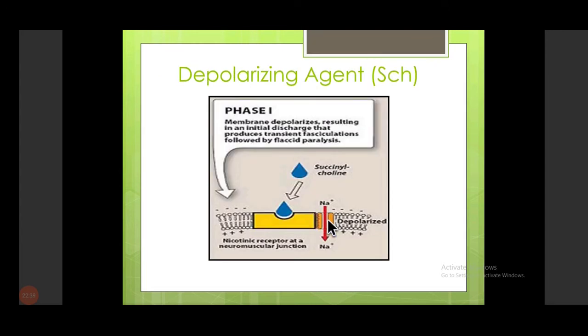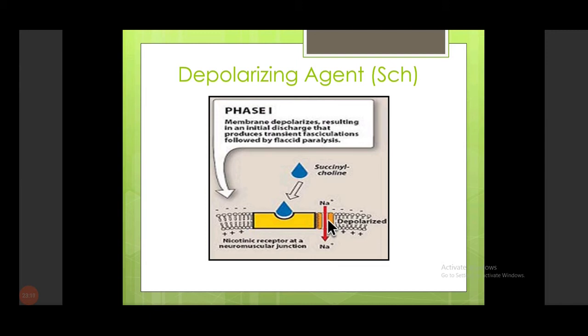In case of a depolarizing agent, for example, succinylcholine, from our previous discussion, we remember that it is nothing but two molecules of acetylcholine bound together. Almost similar in action to acetylcholine, there is a bit of change, but it can be compared to acetylcholine.